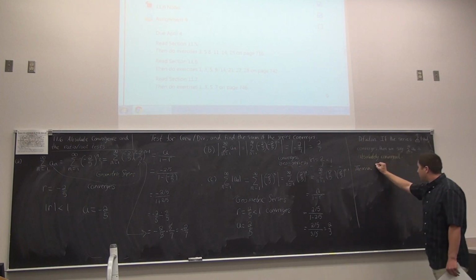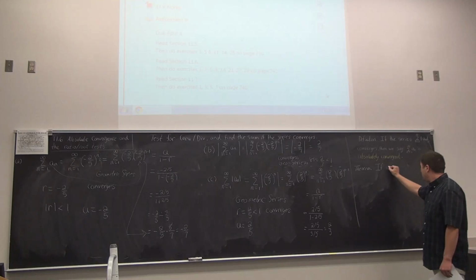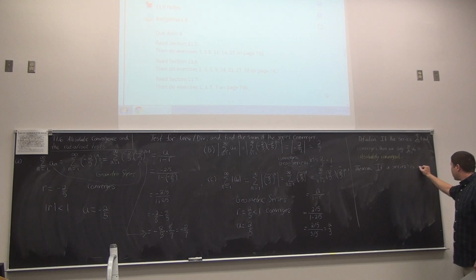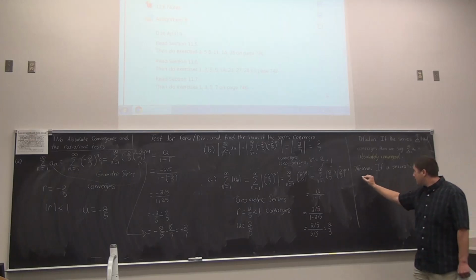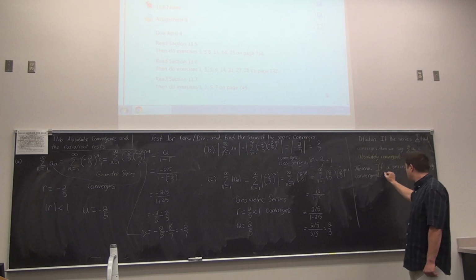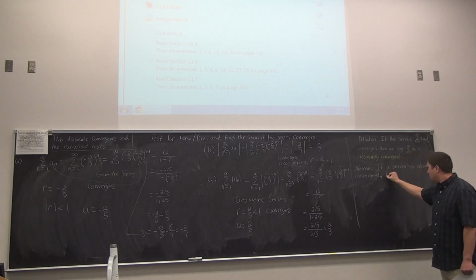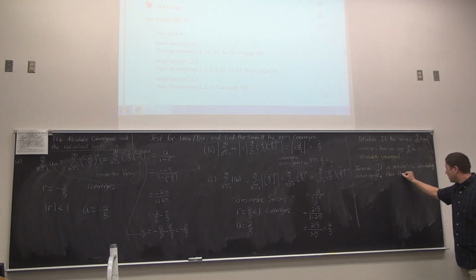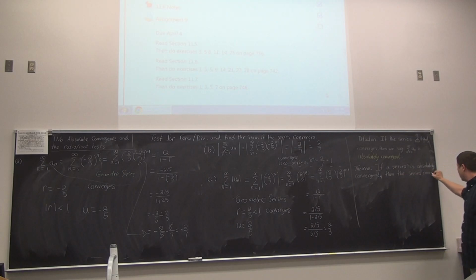The theorem says if a series is absolutely convergent, then the series converges. In other words, absolute convergence implies ordinary convergence as we've defined before.